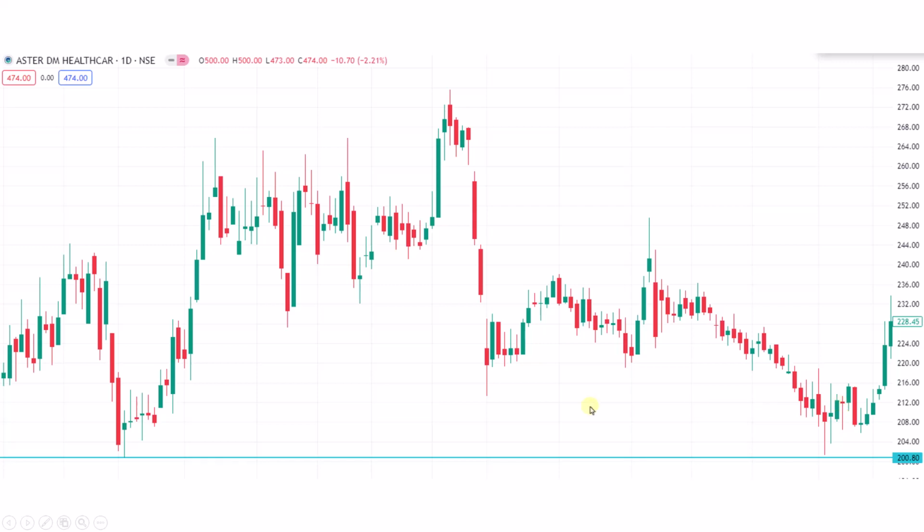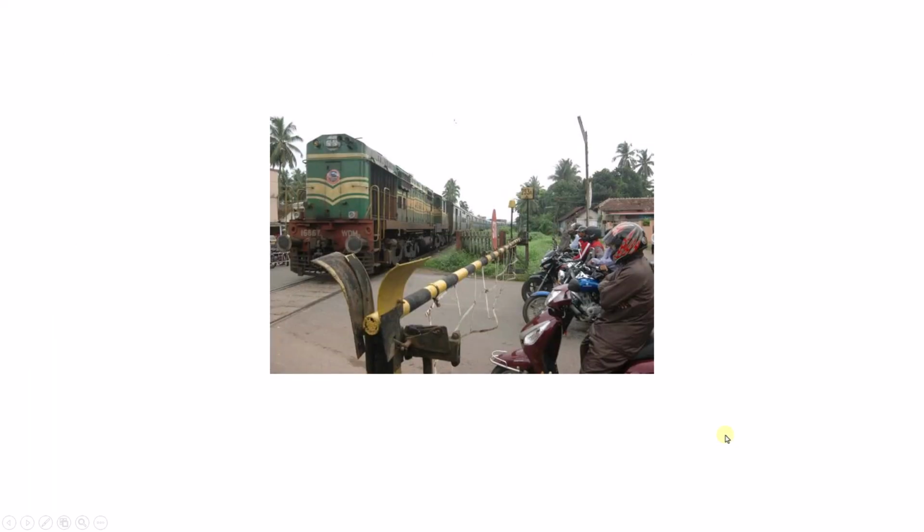Yes. Now the question, why do we keep the stop loss just below, after giving a little bit of space below the end of the candlestick? For that I have an analogy. See, when the train moves, generally the gates will be closed.